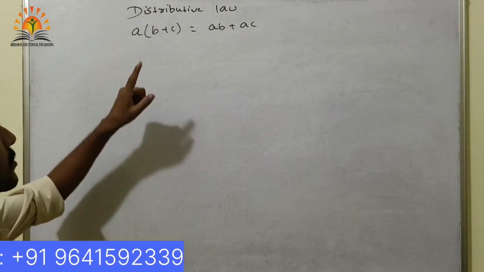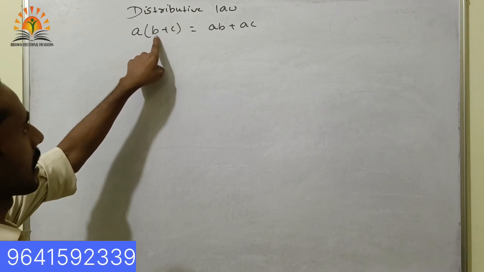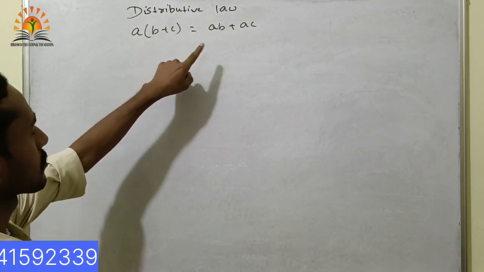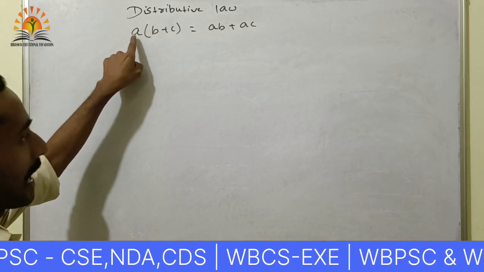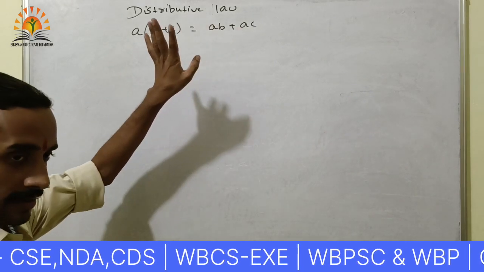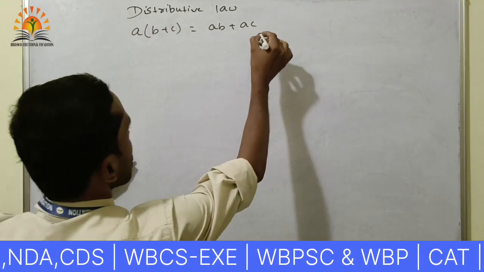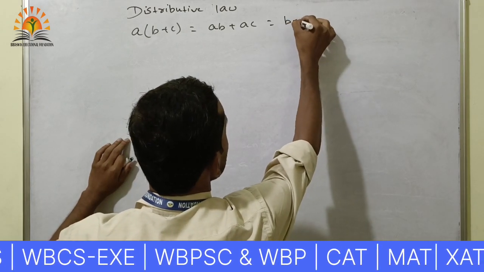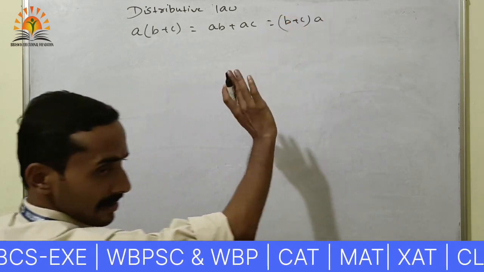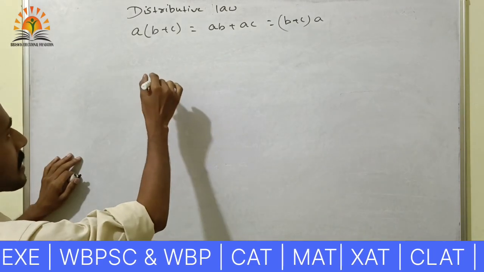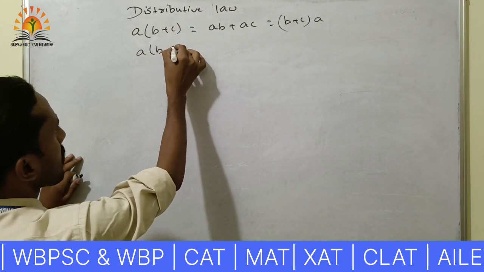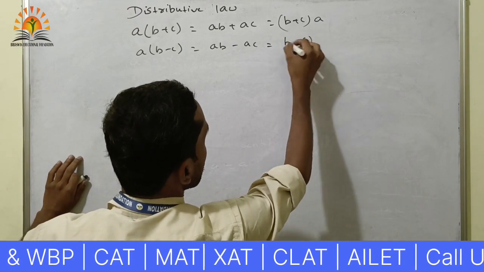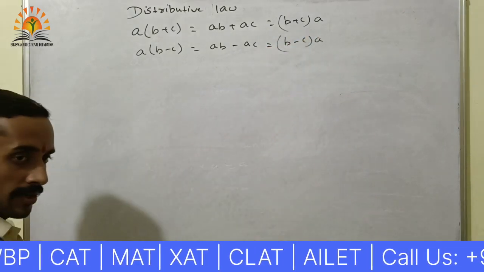Instead of adding B plus C first, we can also do A multiply B and A multiply C and then add. It is also sometimes written as B plus C times A. Both are the same. And A times B minus C equals AB minus AC. Clear? This is known as the distributive law.